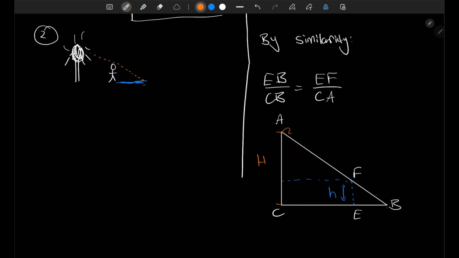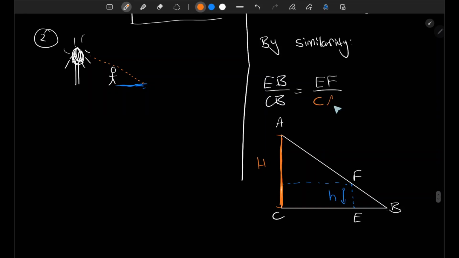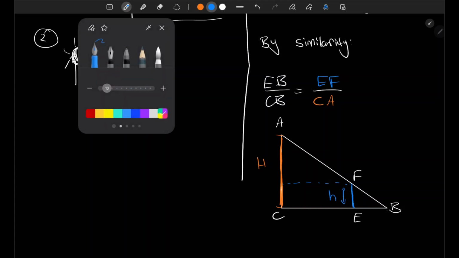So this guy will be orange. And that orange one is AC or CA. So that's what this is. This guy is CA. And on the top of this ratio, we should have this blue side length here, which is EF. Right? So if these triangles are similar, this length ratio should be the same as this length ratio.